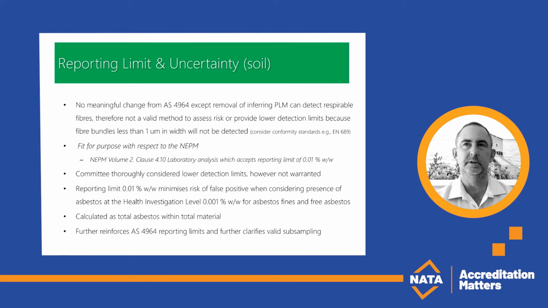Also remember the requirement of a decision rule under ISO 17025 that has also been duly considered and is inherent within the new standard to minimise the risk of a false positive result. So consequently, Standards Australia, through the Australian standards development process, has concluded that there is no need to pursue lower detection limits, and the standard is fit for purpose when considering the assessment of asbestos in soil.